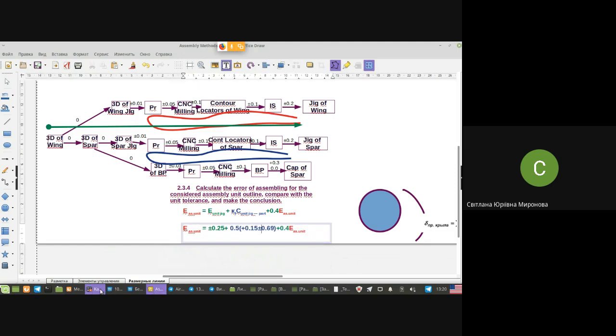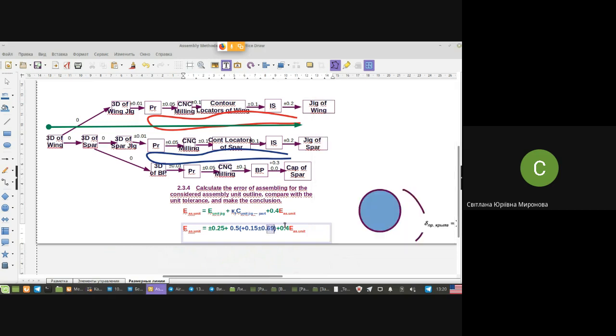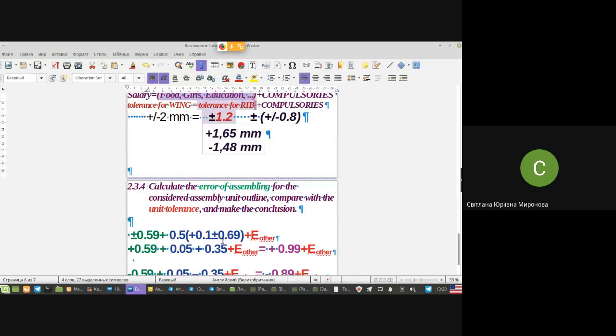15, and here we have plus minus 47. Plus minus 47. And next we need to repeat the calculations. Let's try to do it once again like we did it in previous time.